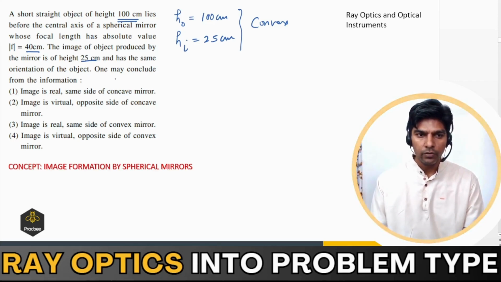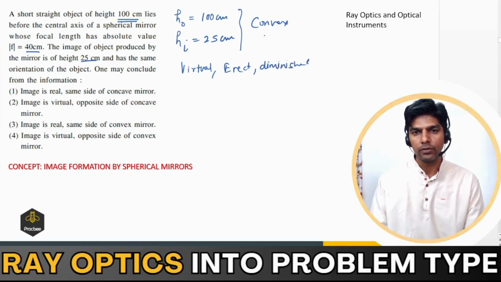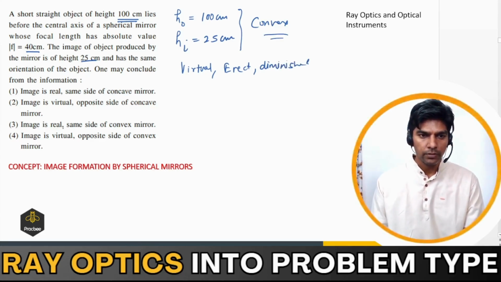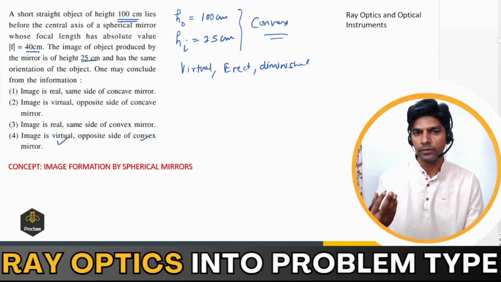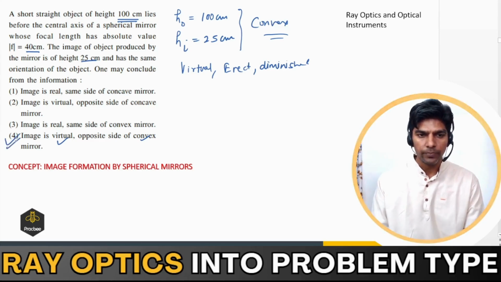One may conclude from the information that this image will be virtual, erect, diminished, and the mirror will be convex. So let us see the options. The image is virtual, formed on the opposite side of the convex mirror. So option 4 is the right answer.